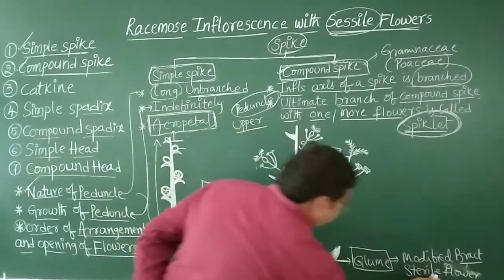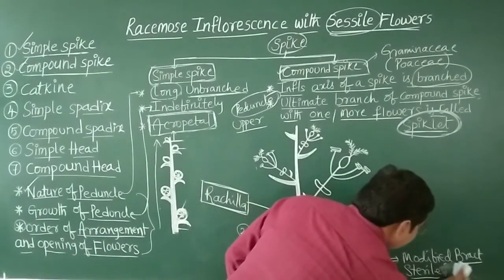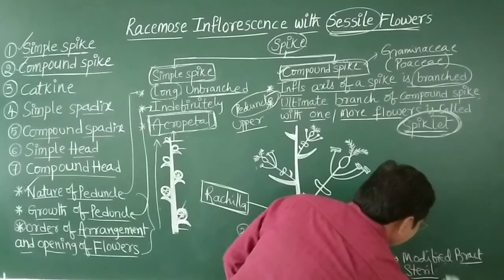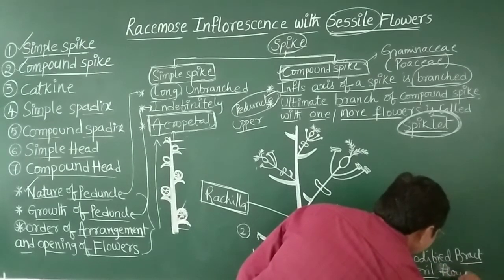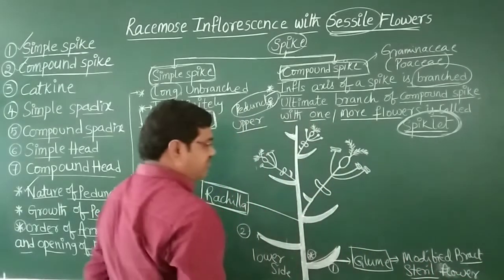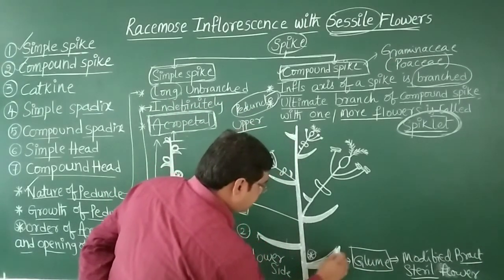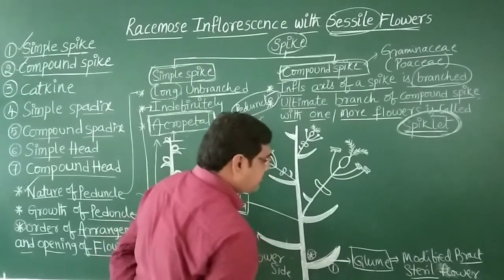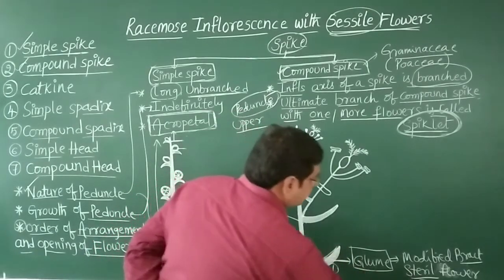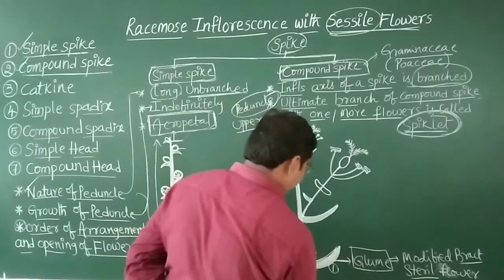Here, this is a sterile bract. Okay, sterile flower. So this is the glume. It is a modified bract. In these bracts there is no flower. This condition is called sterile bract or sterile flower.